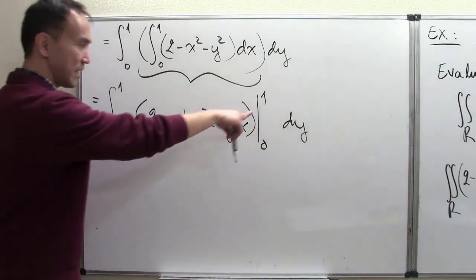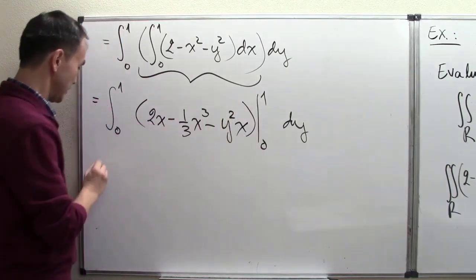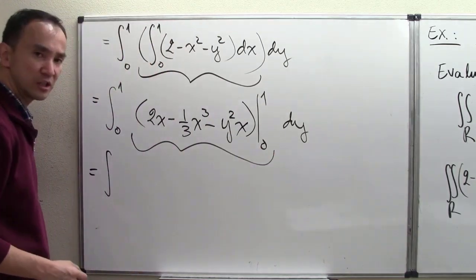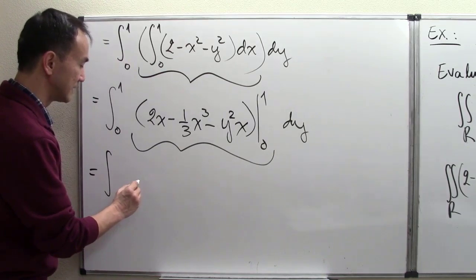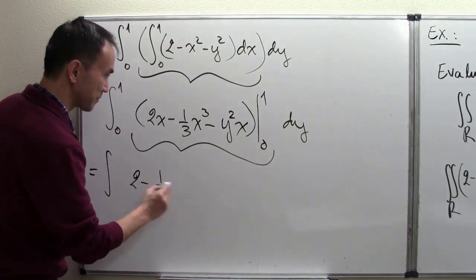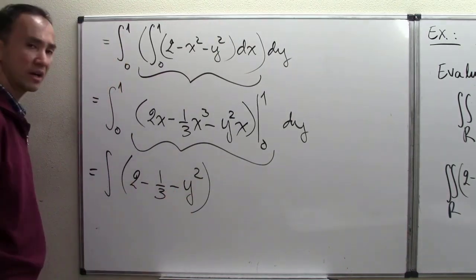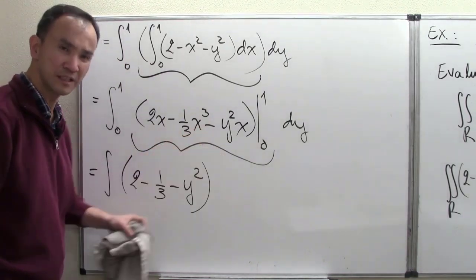All right, so now I'm going to evaluate this according to the fundamental theorem of calculus from 0 to 1. So I'm going to produce the following. The inside part before the dy is going to give me 2 minus 1/3, minus y squared. Anyone learning in this lesson is experienced enough, so allow me to skip a few elementary steps.